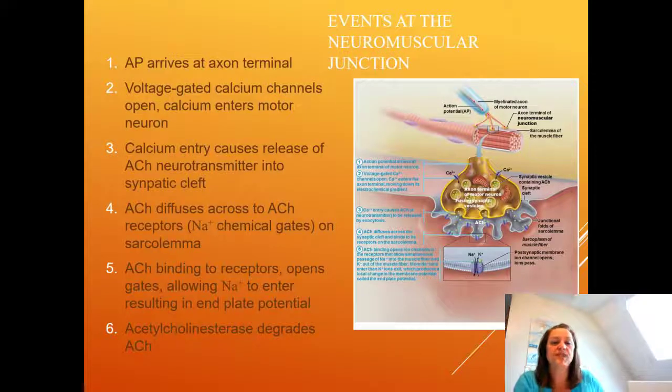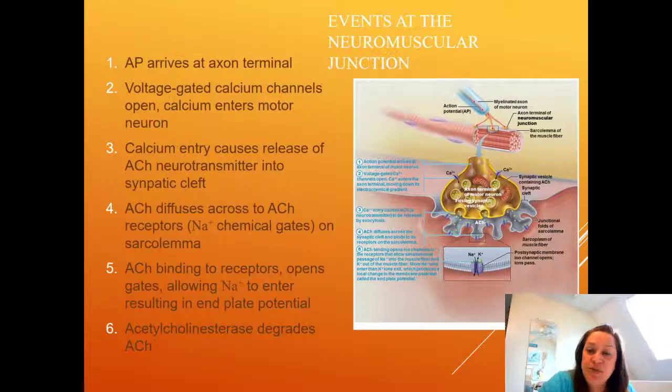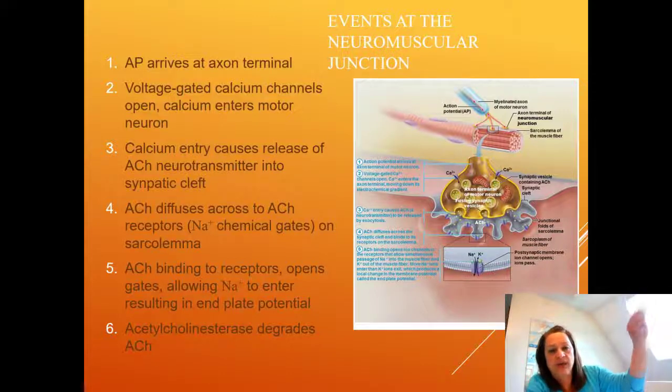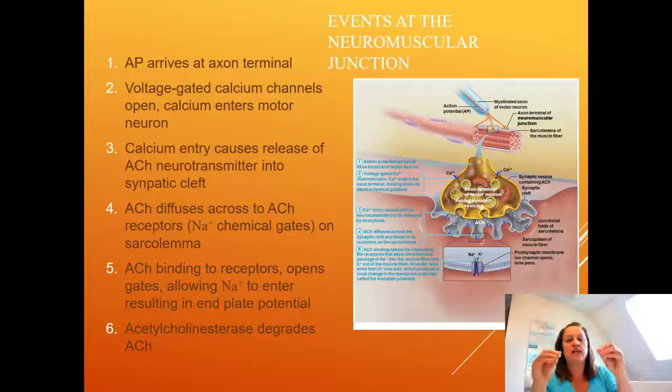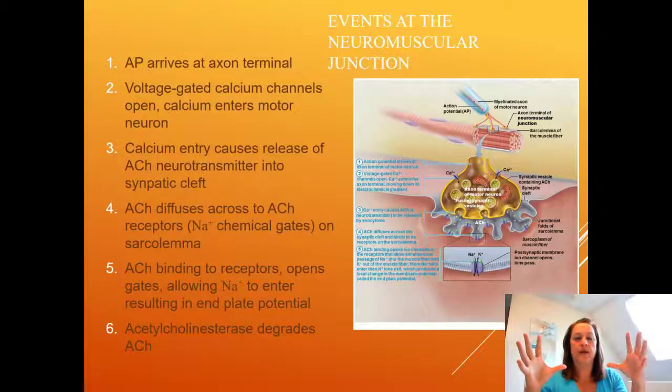Now, the action potential arrives at the axon terminal. And basically an action potential is a change in voltage across the membrane as a result of the change in sodium ions across that membrane. So the action potential arrives at the axon terminal. The calcium channels open. So that change in voltage, that sodium influx, causes calcium channels to open.